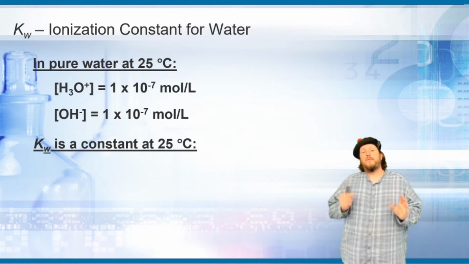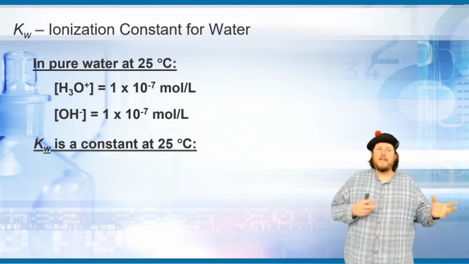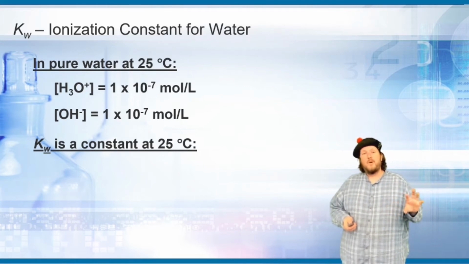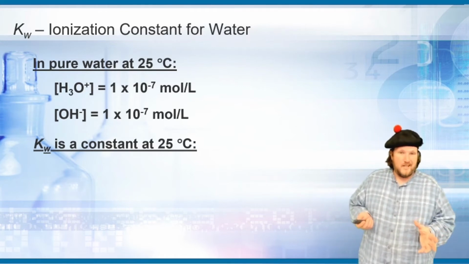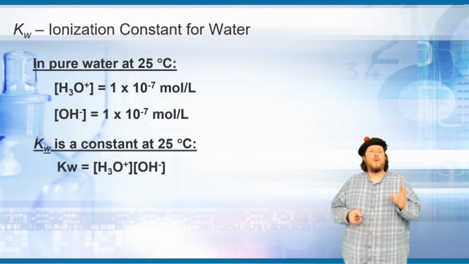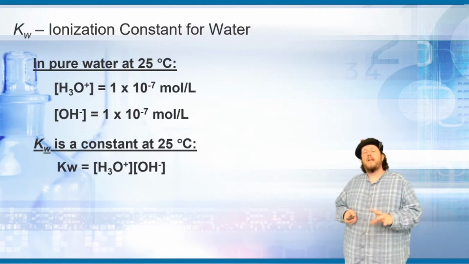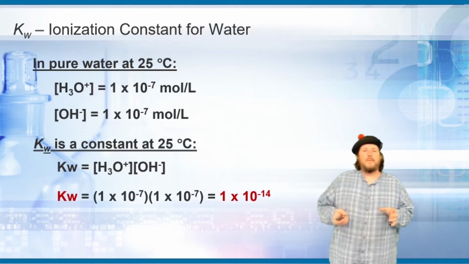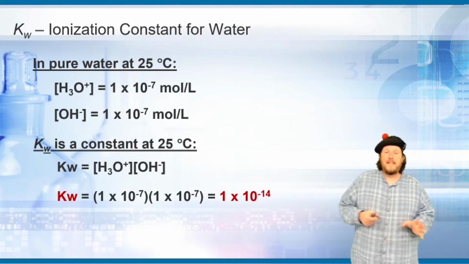Now, one of the beautiful things about this is it's always in equilibrium, which means Kw, no matter what at room temperature-ish, 25 degrees Celsius, is a constant. So Kw is always equal to the H3O+ and OH- concentrations multiplied together, and it's always going to be equal to 1 times 10 to the negative 14.